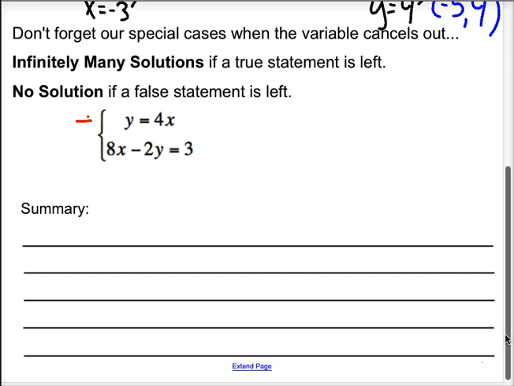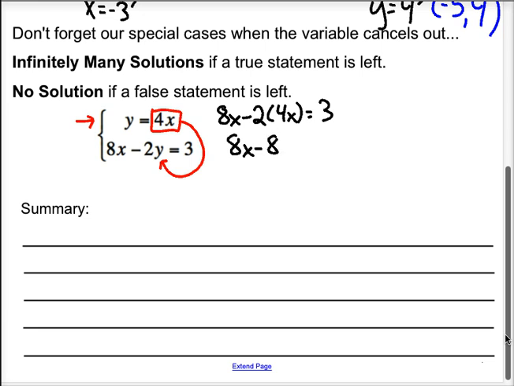Here I already see one of my variables solved for. So I'm going to box the other side, and I'm going to substitute that in for y. So I'm going to rewrite that equation. 8x minus 2 times 4x equals 3. So 8x minus 8x equals 3.